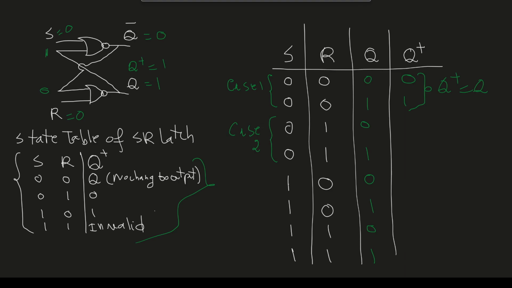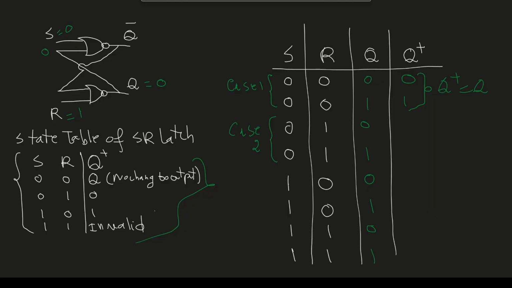S is 0 and R is 1. And then let's start by the first row in case 2, where Q for the current state is 0. So having 0 here, 0 will come here as a second input for the top NOR gate.